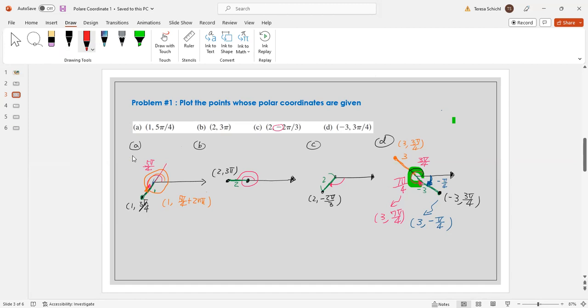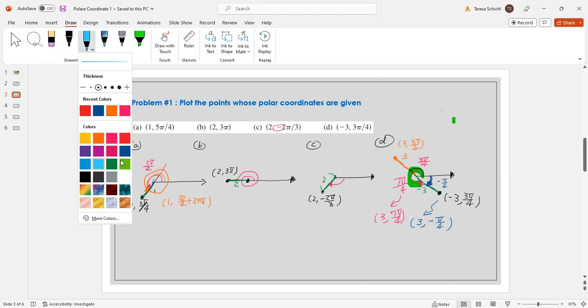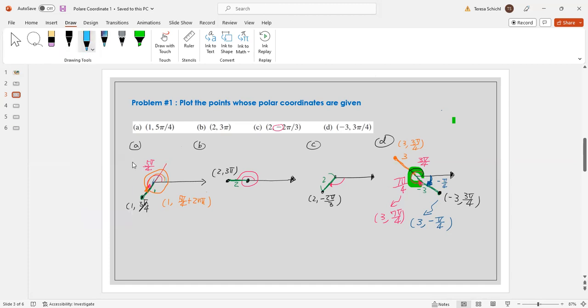I can do the whole circles, the 5 pi over 4, then add just 1 pi. If I stop here, the point will be 1, 5 pi over 4 plus just pi.